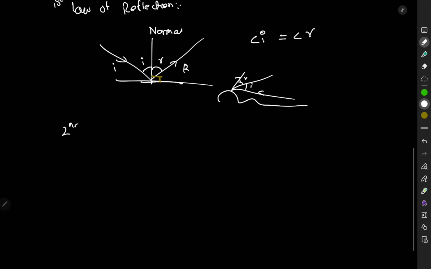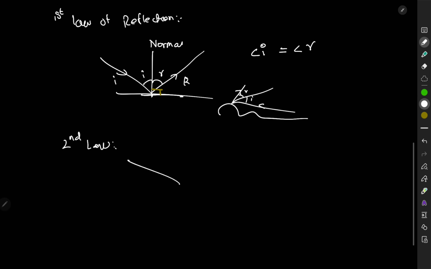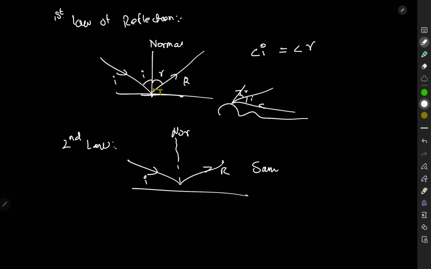Second law: the incident ray, the normal, and the reflected ray lie in the same plane. Okay, what do I mean by the same plane? Like the xy plane is a plane, right? If they lie in it, they will be in the xy plane only, okay.